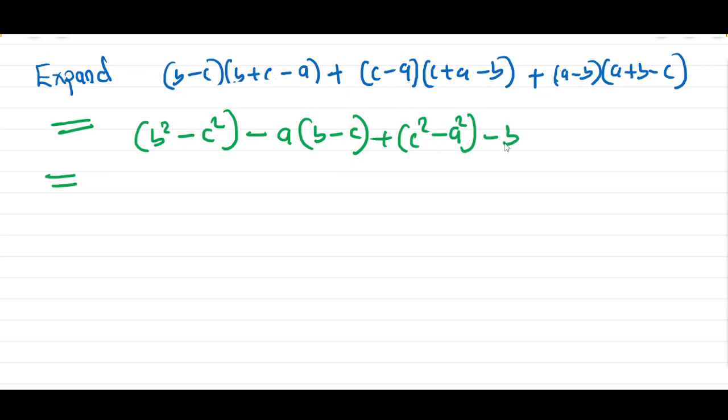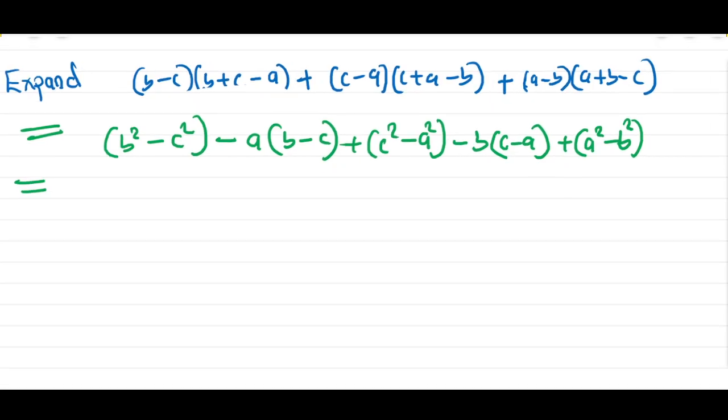Then we'll have a negative b multiplying out c minus a, and here we'll be having a squared minus b squared. But then we'll be having, let me shift it over, negative c multiplying a minus b, because a minus b has to multiply this to get this. So if you notice one thing, we don't even need to write it down here.